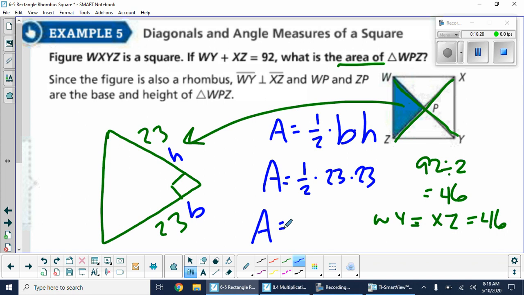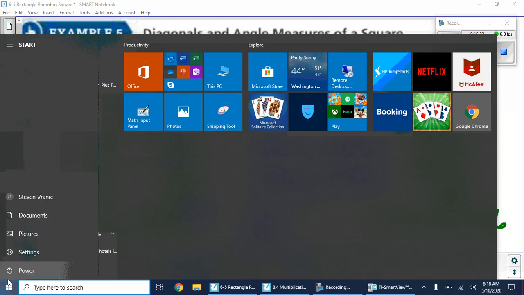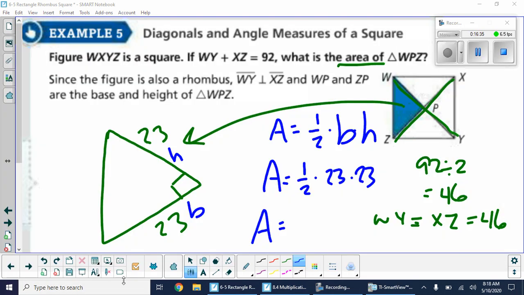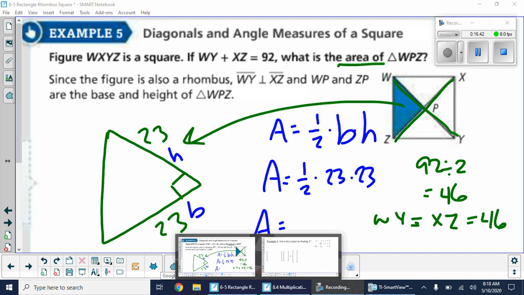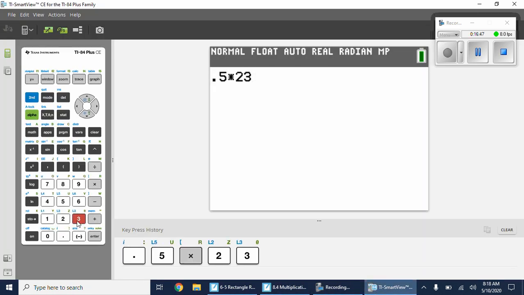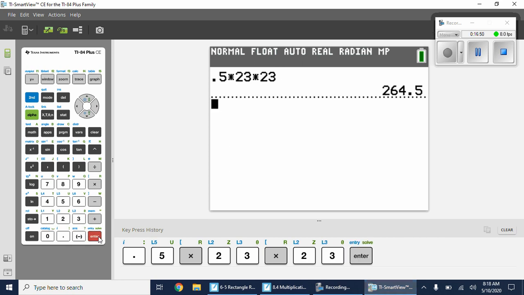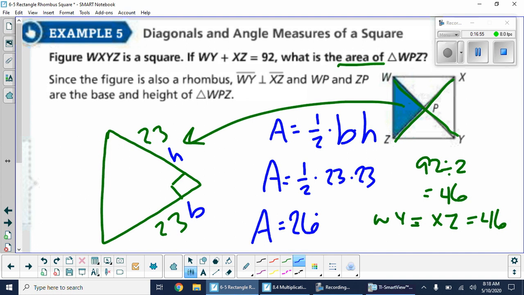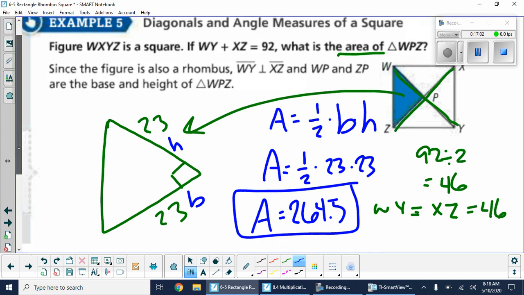Let's get our calculator going. 1/2 times 23 times 23 leaves us with 264.5, and that would be units squared. They didn't give us units, so we're just going to stick with the number.